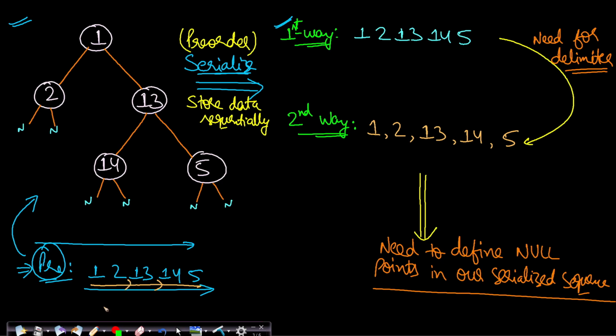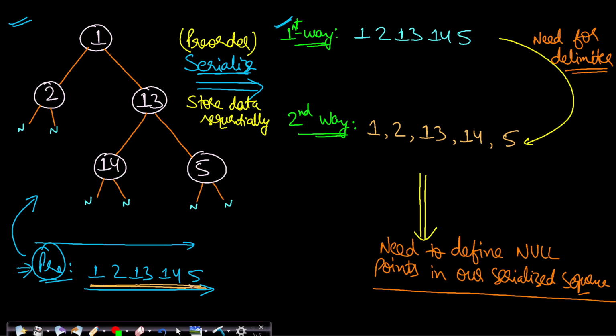There could have been 3 nodes where one number was 12, another was 13, and the third one was 145. Since we did not define any delimiter, we do not actually know what the node values are, how many nodes there are, and how the node values are distributed. So we cannot just write it like this and get the entire tree structure.